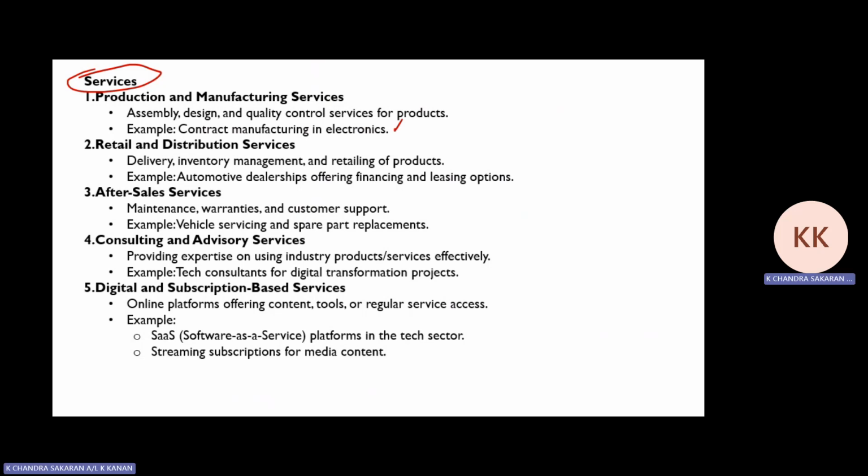Retail and distribution services. You know, retail and distribution services, right? Outlet. You can see the outlet. Who are the distributors? Who are the ones who sell the product, distribute the product into the market? That's called the distributors. So, for example, automotive dealers. There are many dealer outlets. For example, you said Toyota.